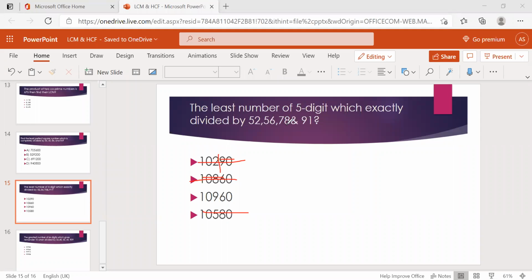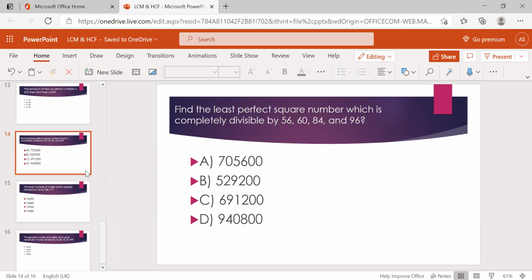And if you want, you can check 78 or 91 also. You can check 4 also. But the easier thing is 56, where 8 will divide exactly. Okay, then that's the answer. Then we'll go for the next question.